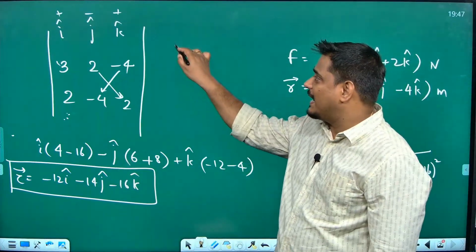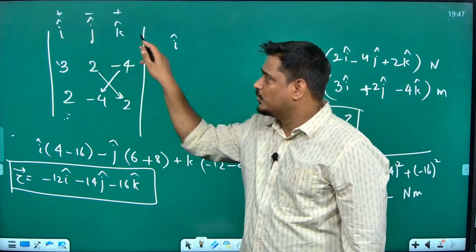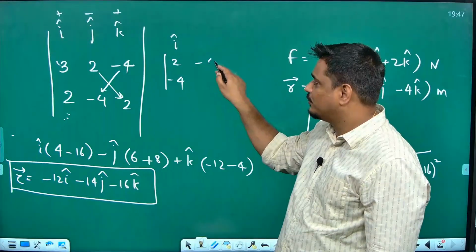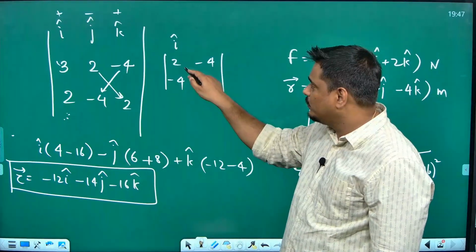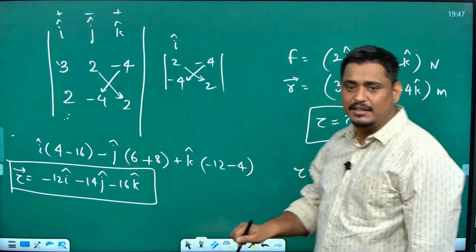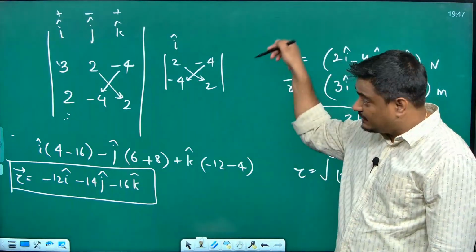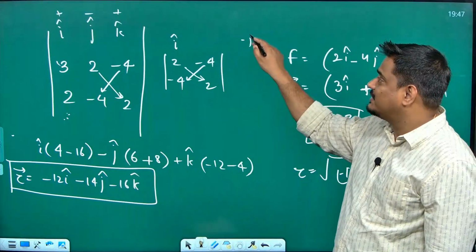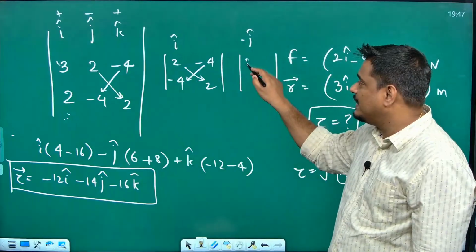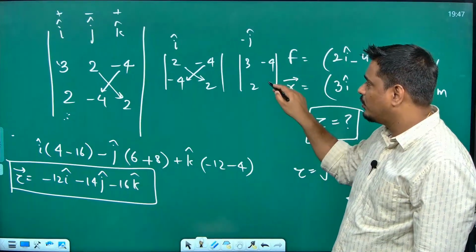See, when I am taking i cap, I am hiding these two. So what remains? 2, minus 4, minus 4, 2. And I will do this into this minus this into this. Yes, first this, then this. Same way, when I take minus j cap, I will hide this. What will remain? 3, 2, minus 4, 2.